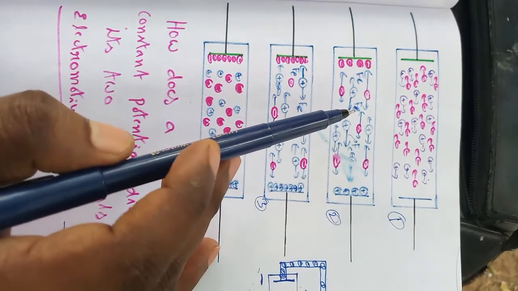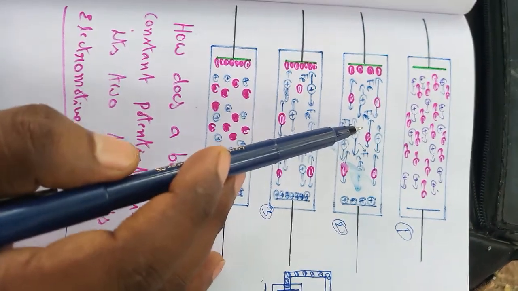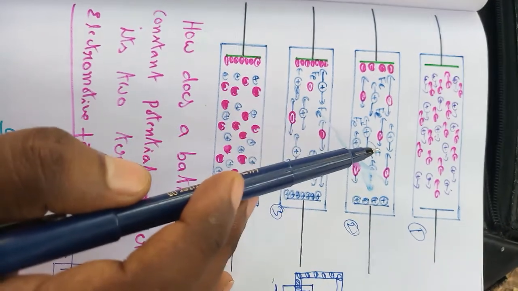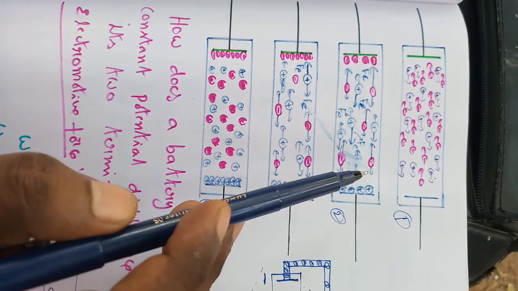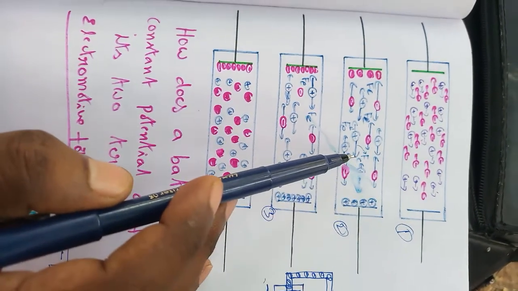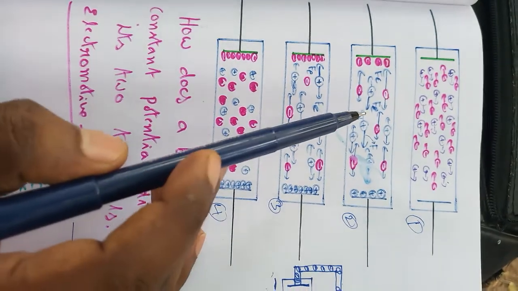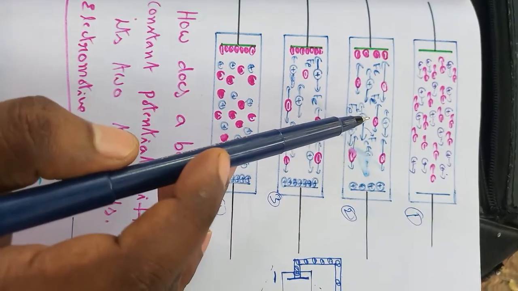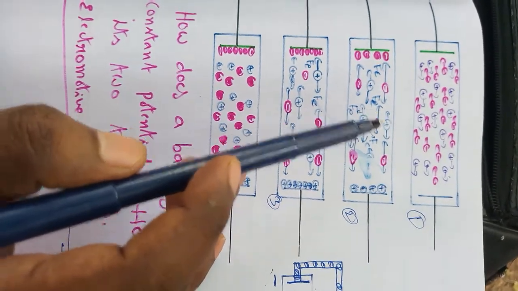Because of the greater chemical force, ions move towards their respective plates and accumulate on them.